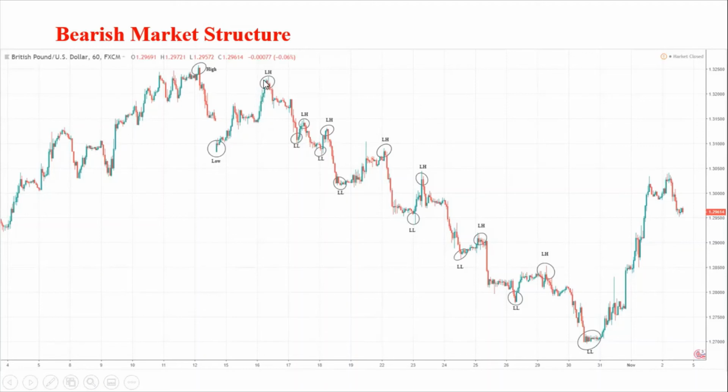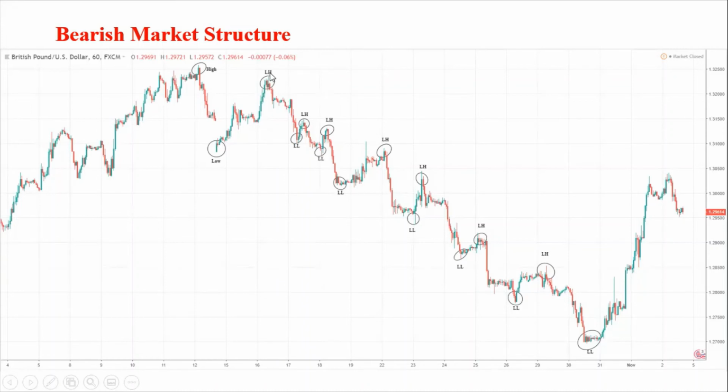Now, as you can see, the next zone, the price went to this high. But when we compare this high with this high here, this high is lower than this high. So this will be our lower high. Then the market came down to this zone here.